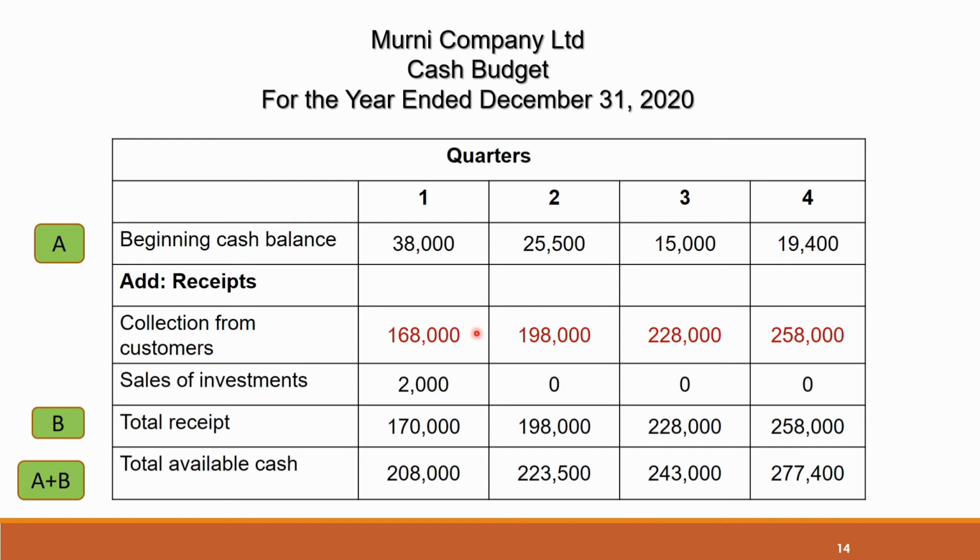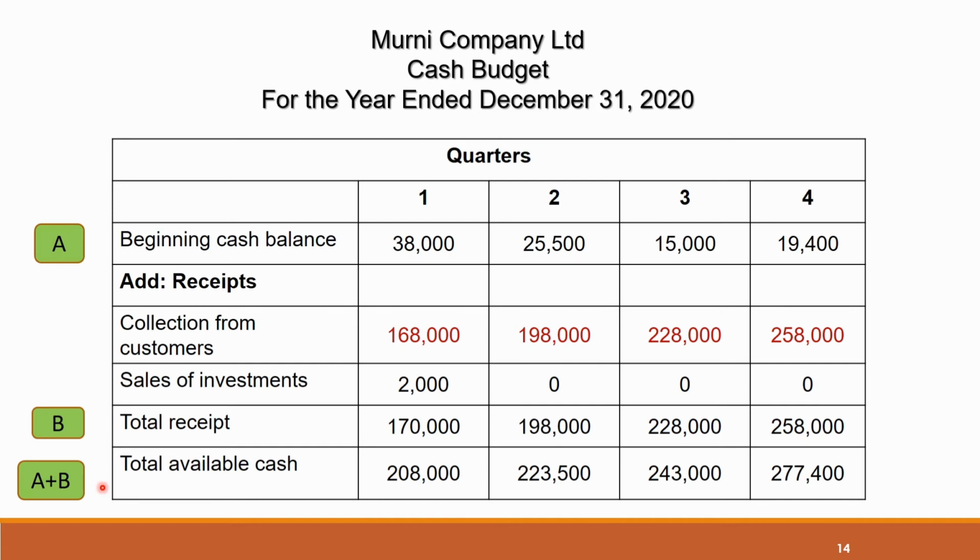So now we focus on the first quarter. We have to calculate the total receipts. So we have to add the collection from customers 168,000 plus 2,000, and you will get 170,000. So this total represents these two items, and based on this formula, A, beginning cash balance plus B, total receipts, you get the total available cash.